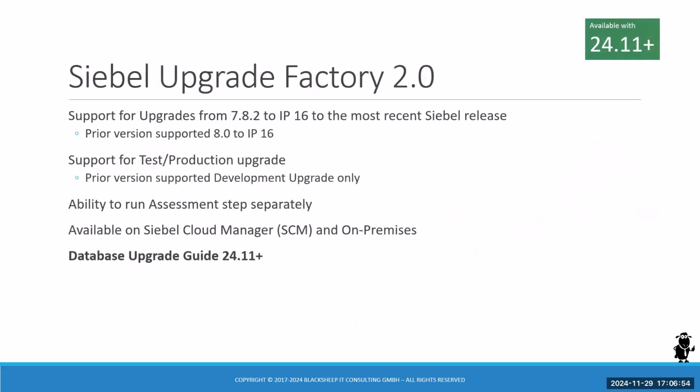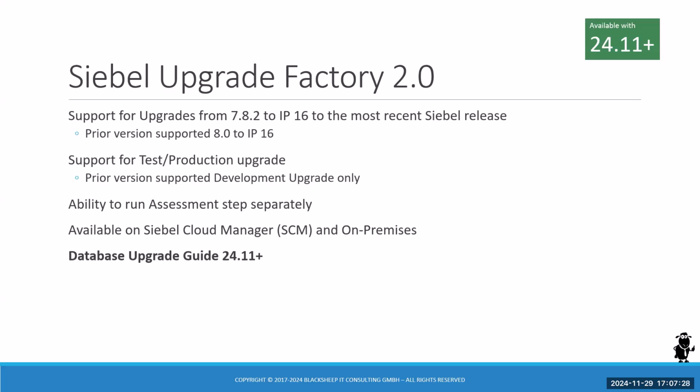That is included in both the on-prem version of Siebel 24.11 and the Cloud Manager version, so it's released simultaneously. The good news is, if you ever have to do a Siebel upgrade, this probably will help you a lot. The oldest supported version has been decreased from 8.0 to 7.8.2, so you can now use the Upgrade Factory on anything as old as 7.8.2.